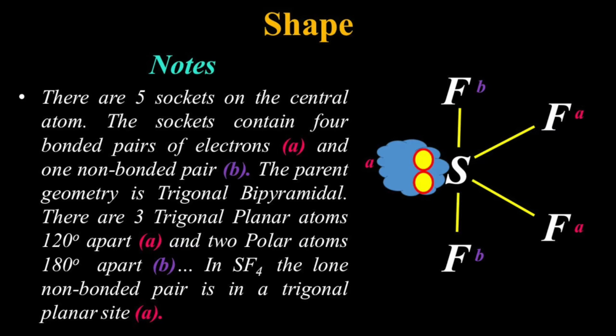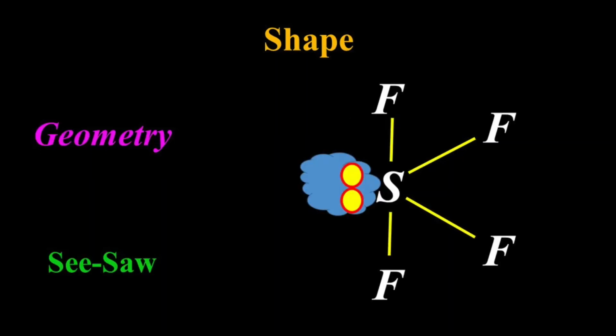There are 3 trigonal planar atoms 120 degrees apart. That's A. And 2 polar atoms 180 degrees apart. That's B. In sulfur tetrafluoride, the lone non-bonded pair is in a trigonal planar site, and that's A. And so we have the seesaw.